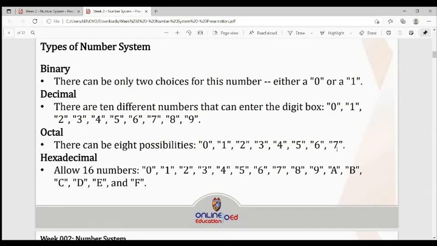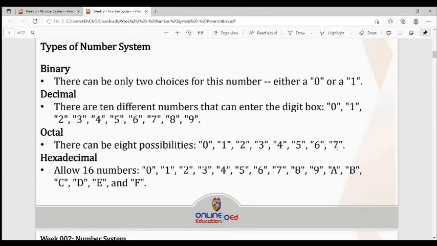Dito naman sa hexa, meron tayong A, B, C, D, E, and F. Yung A, that is counted as 10, B is 11, C is 12, D is 13, E is 14, and F is 15.